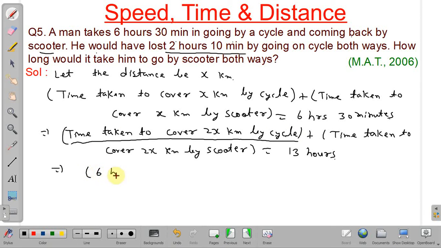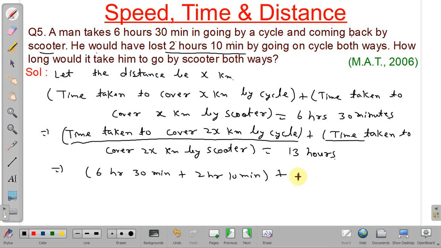So 6 hours 30 minutes plus 2 hours 10 minutes. Okay. Plus this is the time taken to cover 2x by scooter, means going by scooter and coming back by scooter.